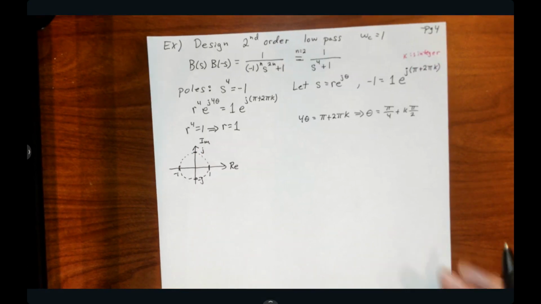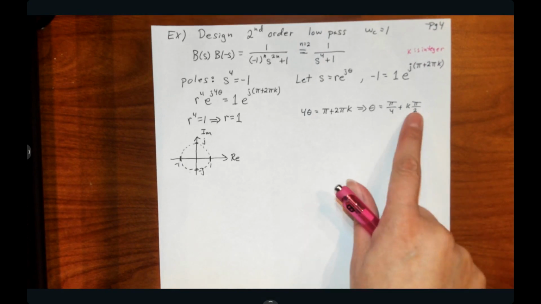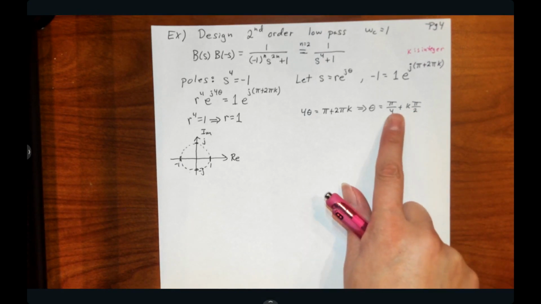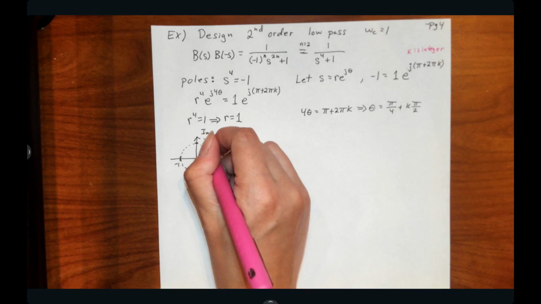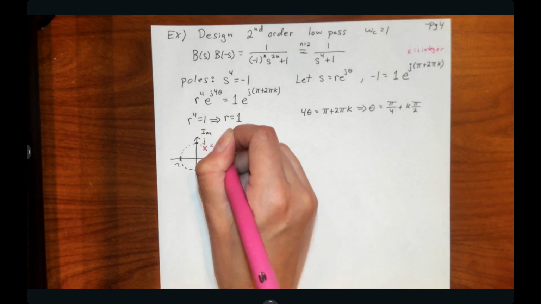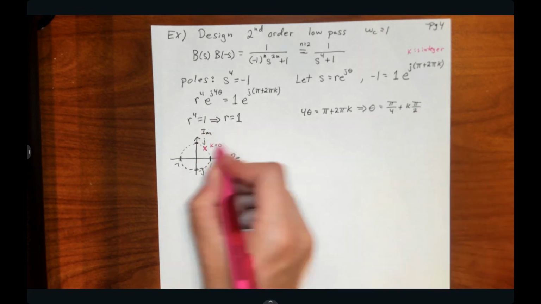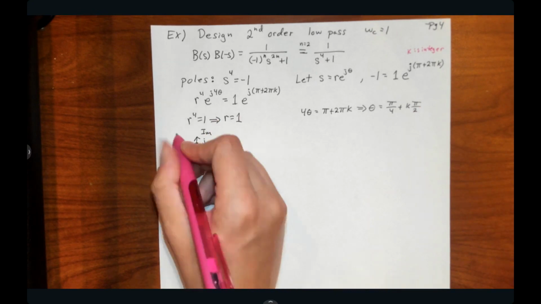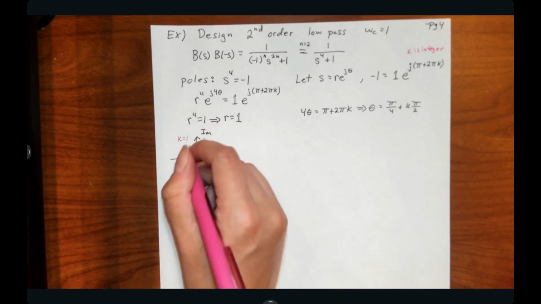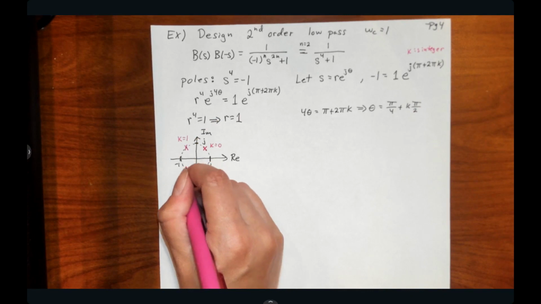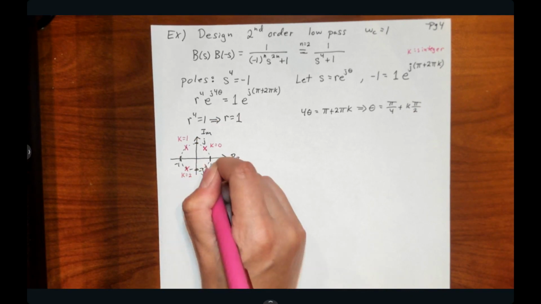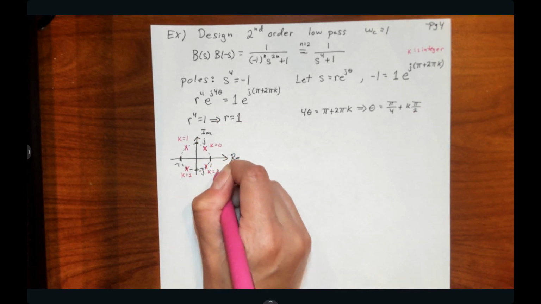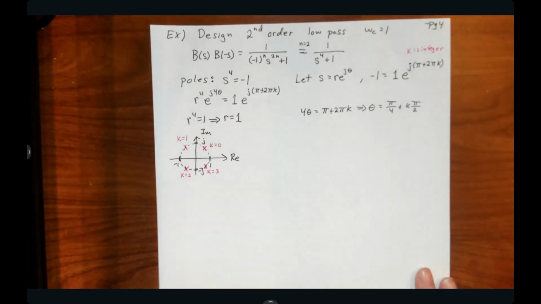When k is equal to 0, we have pi over 4. Then we add a pi over 2, add another pi over 2, add another pi over 2, and then we're back to repeating those poles.